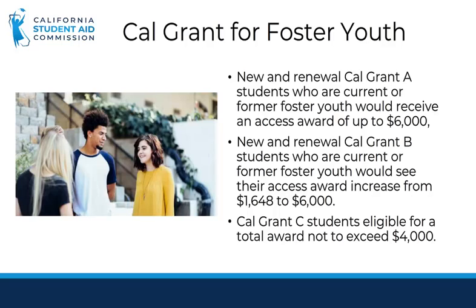New and renewal Cal Grant A students who are current or former foster youth would receive an access award of up to $6,000, while new and renewal Cal Grant B students who are current or former foster youth would also see an increase from $1,648 up to, again, $6,000. And Cal Grant C students eligible would see an increase up to $4,000.